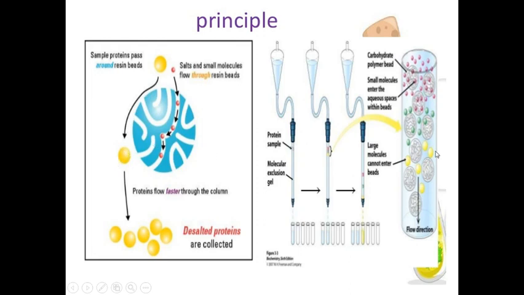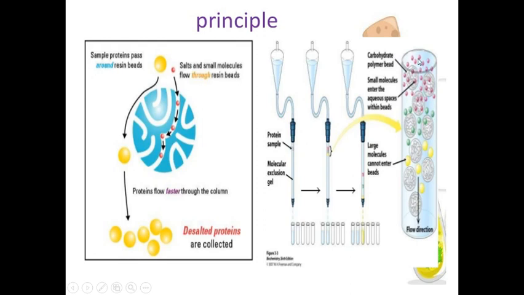So you can see here, the yellow and green molecules travel through the space in between the gel beads. Such types of molecules move fast through the column and come out of the column first.